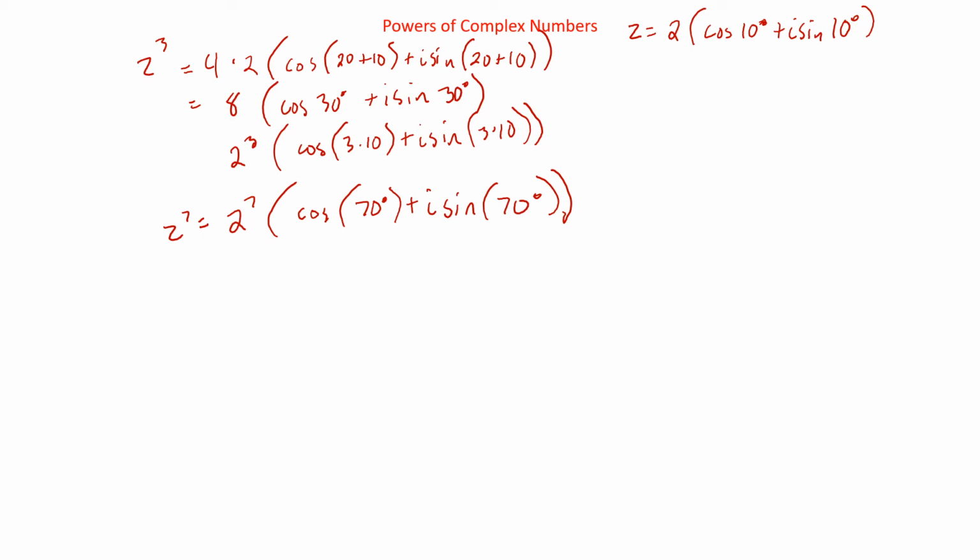If we were doing this the regular way, we'd have to multiply each of them out separately: z times z, the i squareds make -1, simplify, times z, the i squareds make -1, simplify, times z, and it becomes really long.